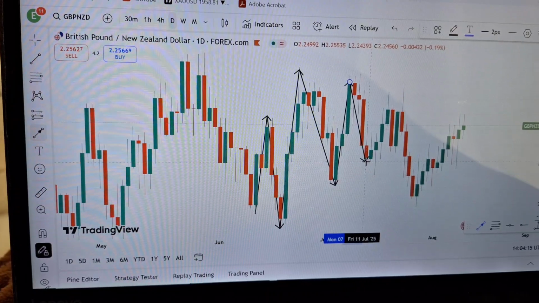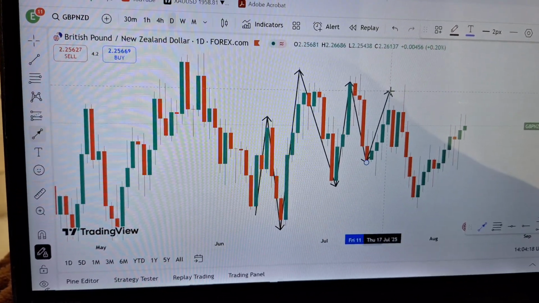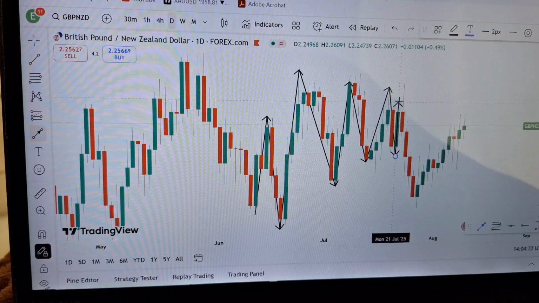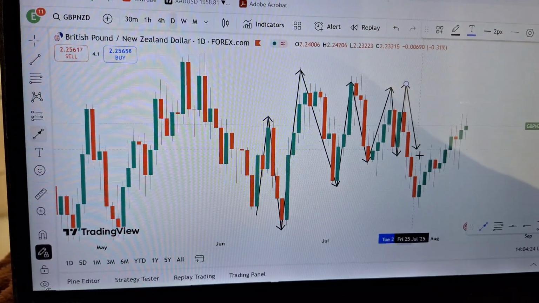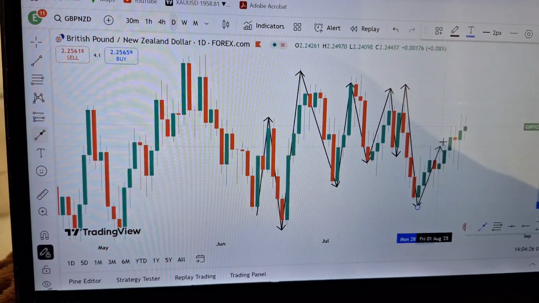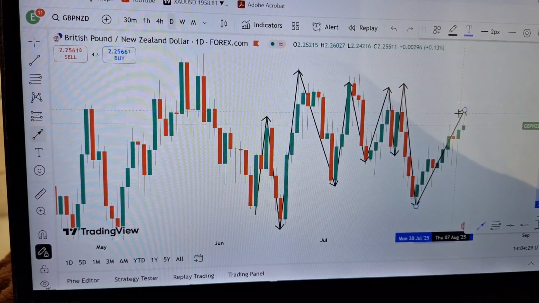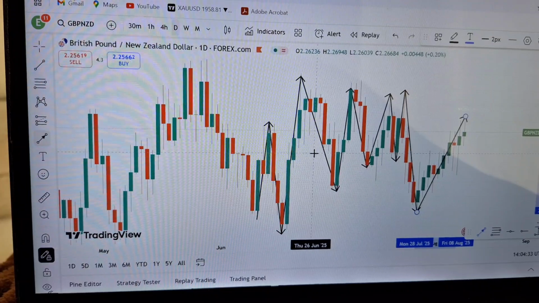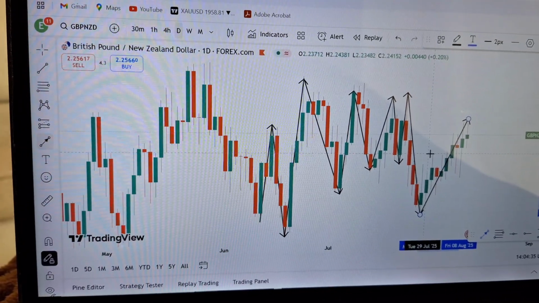That's the lowest, to the highest, to the lowest, to the highest, and so on and so forth. As you can see, we have managed to draw our arrows.